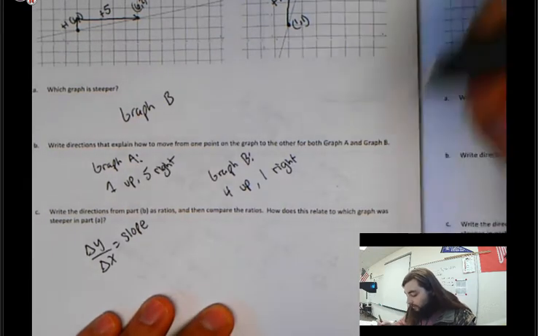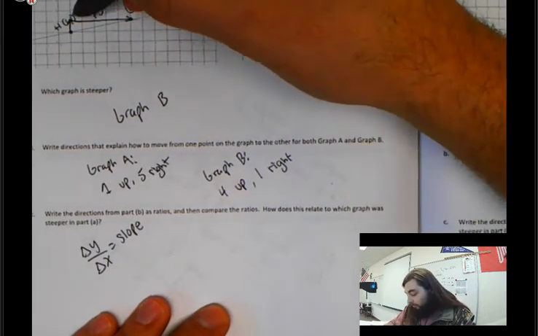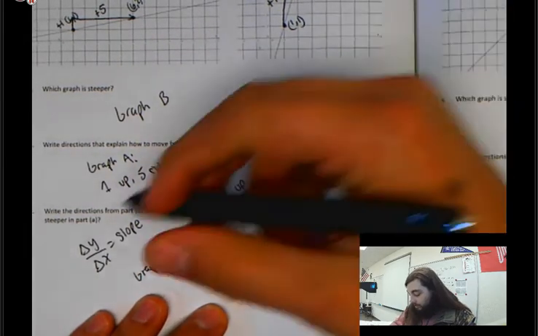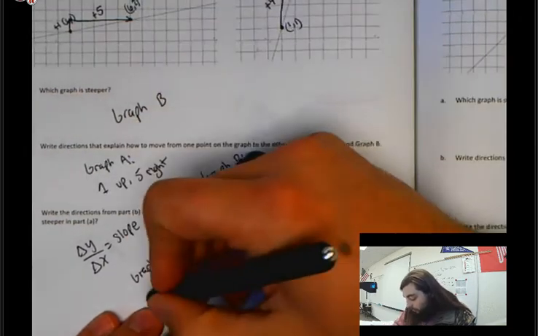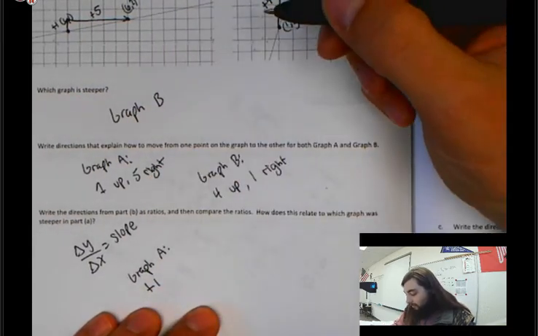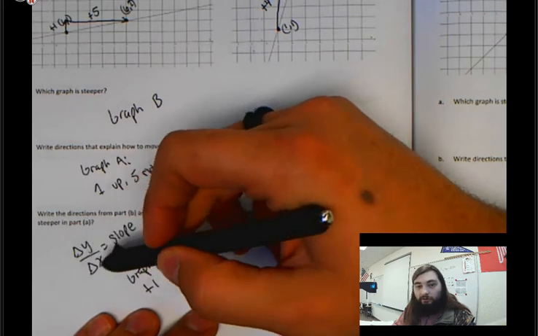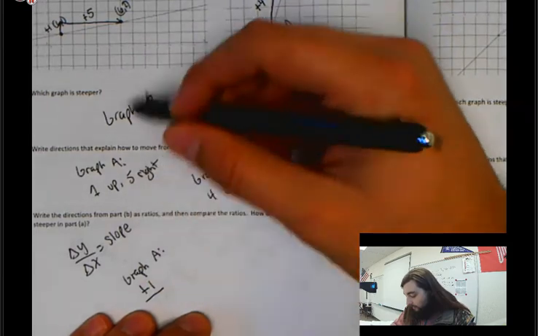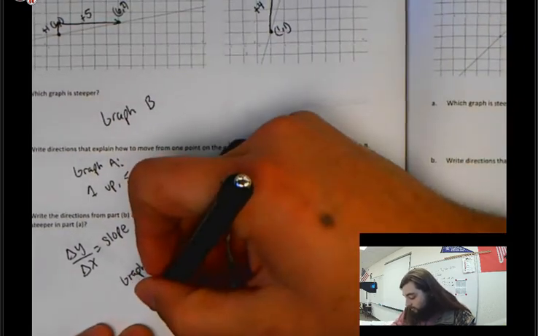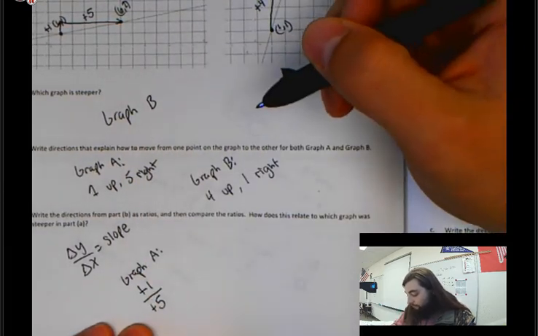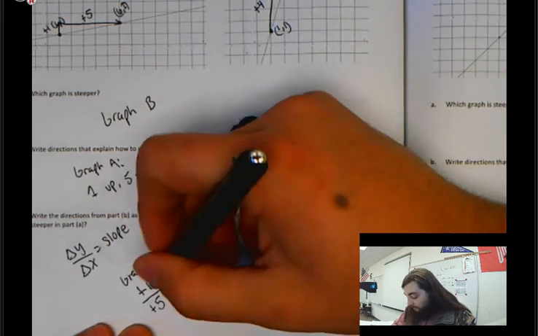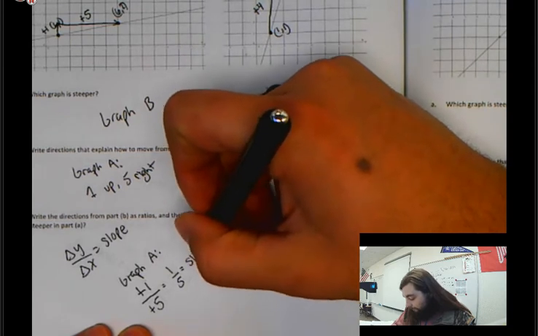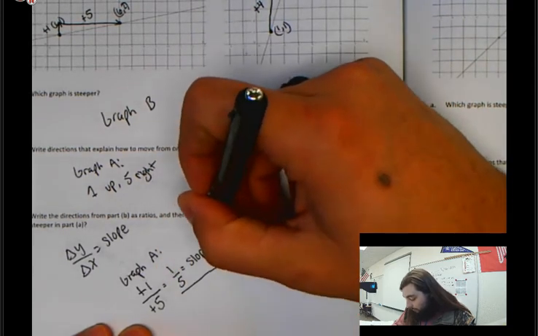With graph A, we've got a change of +1 in its y value, so its vertical change is +1, divided by its horizontal change, which is moving to the right, +5. So we have +1 divided by +5. That's just 1/5, and so our slope is 1/5.